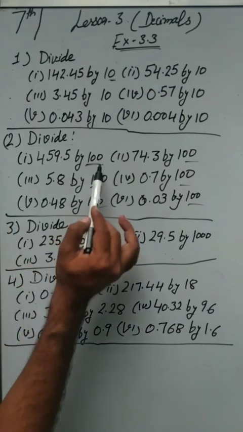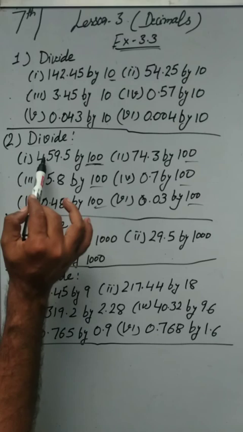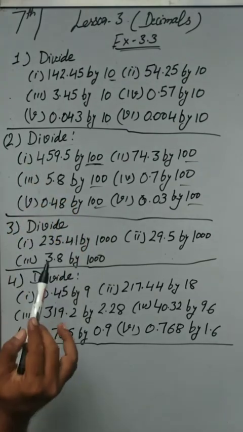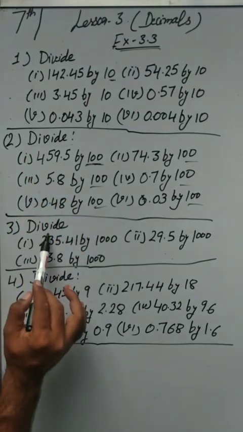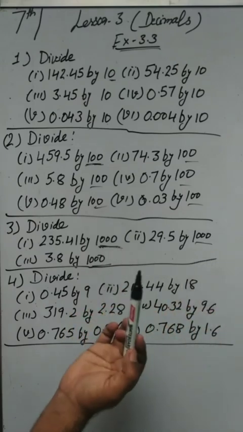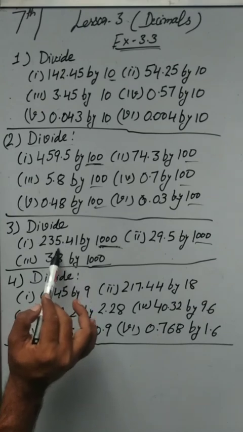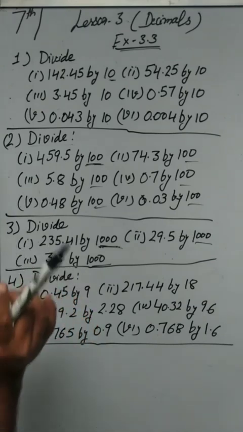Similarly, in the second question, in all sums you have to divide the decimal by 100, means your point will shift how many positions? 2 zeros are there, your point will shift 2 positions, 1, 2, it will come here. Okay, and in the third question beta, you have to divide the decimal by 1000, means 3 zeros are there, your point will shift 3 positions, from here it will come 1, 2, 3, it will come here.